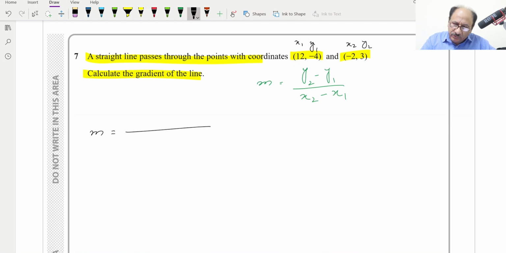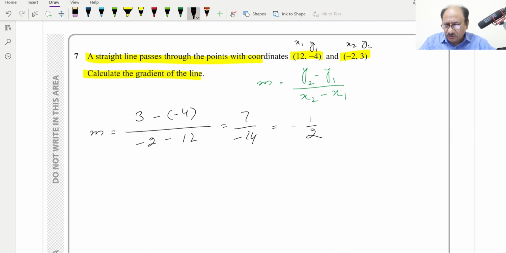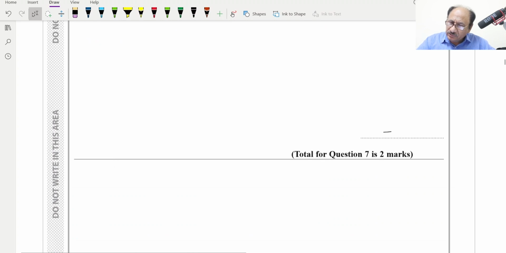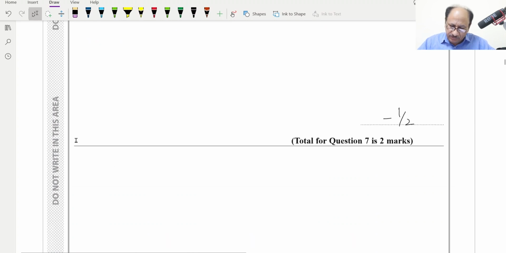So y2 minus y1 over x2 minus x1, and this will be equal to 7 over minus 14, or we can write minus 1 by 2. This will be the gradient. Hopefully you understood this. Minus 1 over 2 will be the gradient for this.